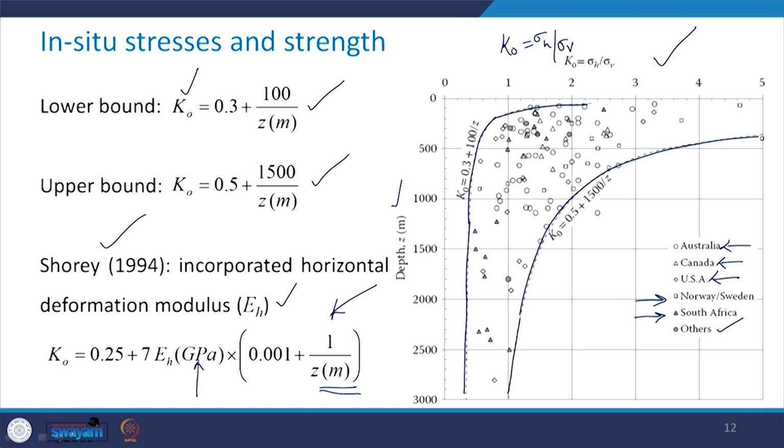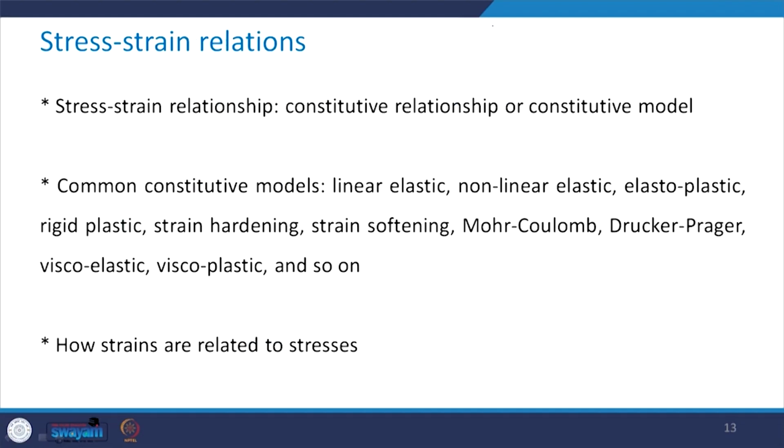So this is how the coefficient, which is defined as the ratio of horizontal to vertical stress, can be determined. I mentioned that because of the large variability, sigma H cannot be estimated. So what we do is we estimate sigma V, and then using this expression of K naught, which is sigma H upon sigma V, we evaluate the value of sigma H and then use it for the analysis purpose.